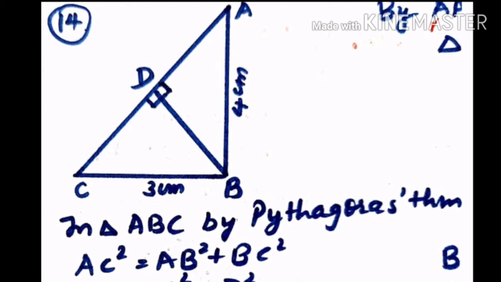Without using tables, find, means it is given in the question that you have not to use your trigonometrical tables. Without using them, you have to find tan angle DBC and sine angle DBA, two values.